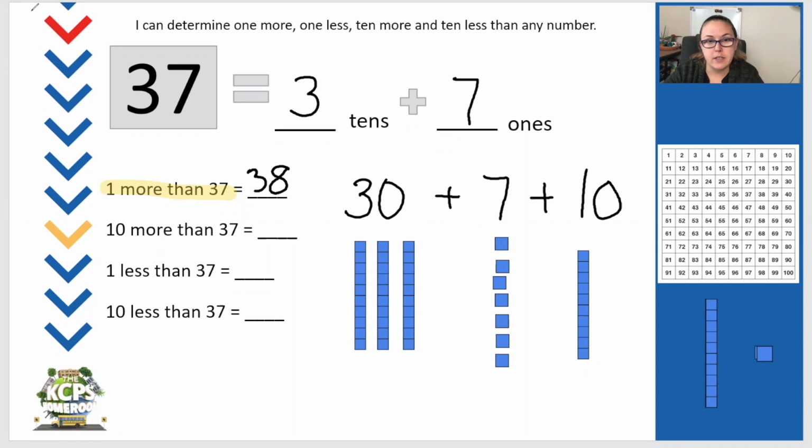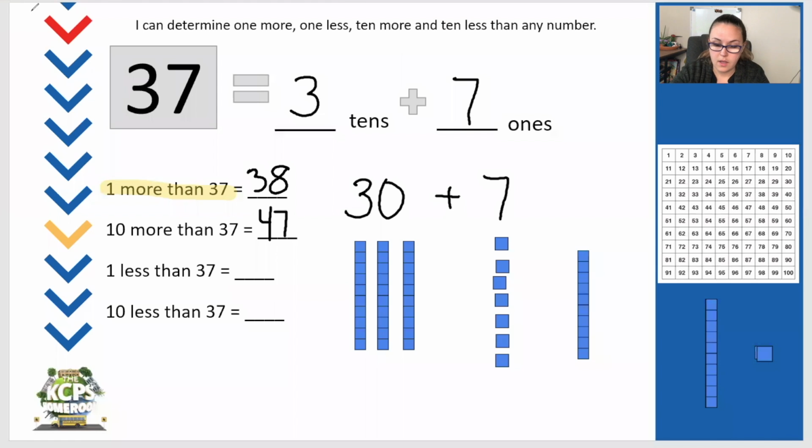So 30, 3 10s, plus 10, 1 10, equals 4 10s, or 40. Good job. So we have 40, and then we have to add the 7 1s. That gets us 47. Great job.